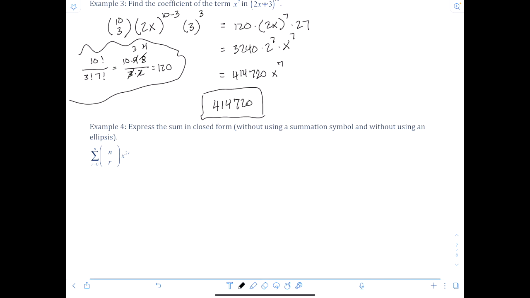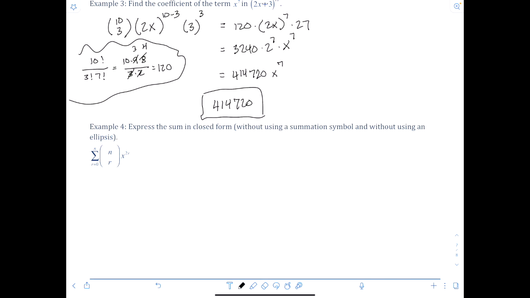Okay. Now this next business is expressing the sum in closed form. Basically, that means without using a summation symbol. So you want to get it to be a binomial, right? So let's take a look at what we have. We have a summation where we only have an x raised to the 2r.